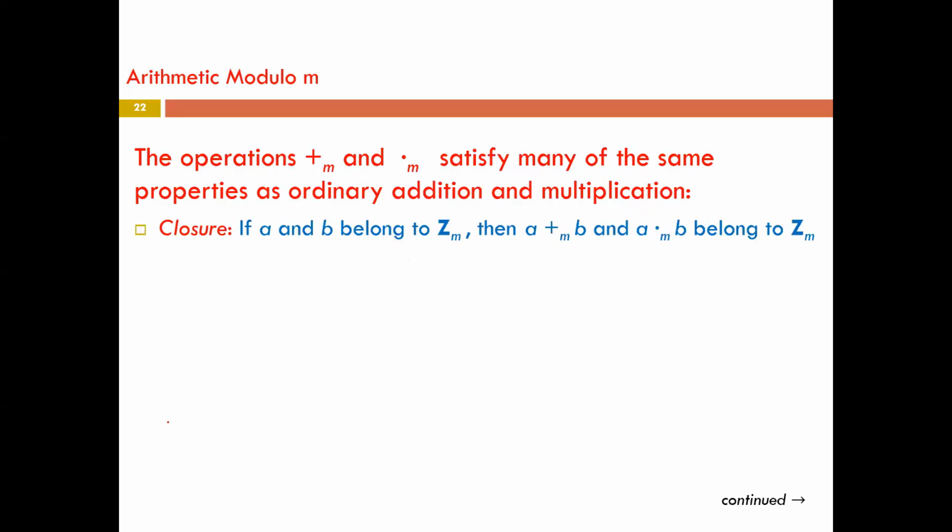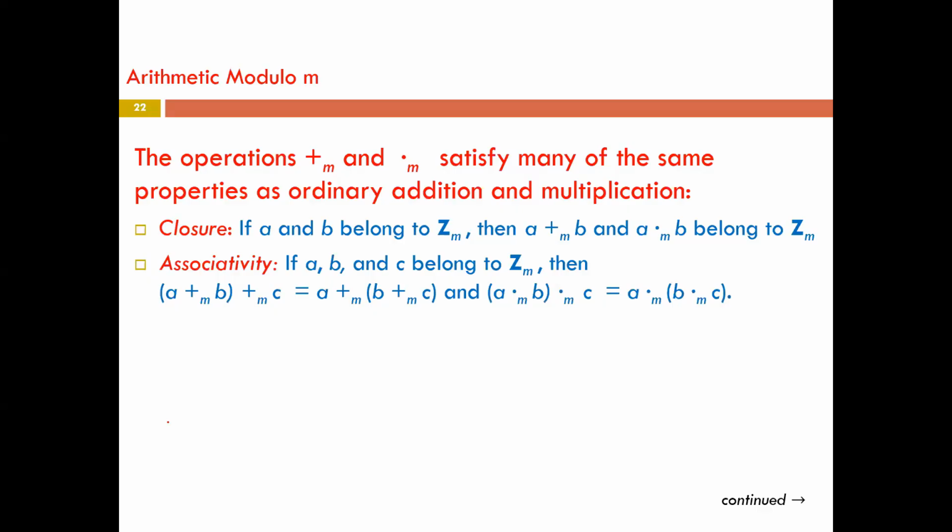Okay, we will see an example. So this new addition and new multiplication satisfy many of the properties of the ordinary addition and multiplication that we are used to. So it's closed. So the sum modulo m and the multiplication modulo m are still elements of Zm, or the quotient space.